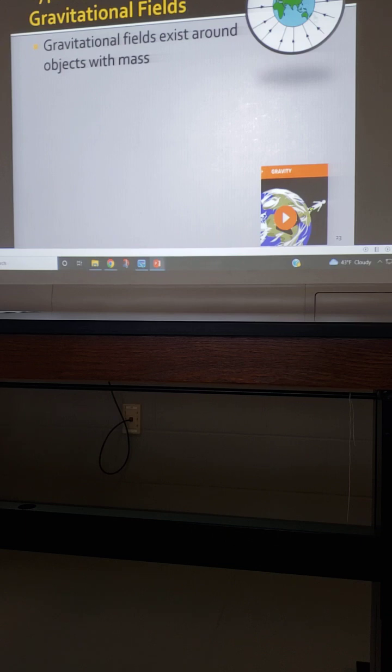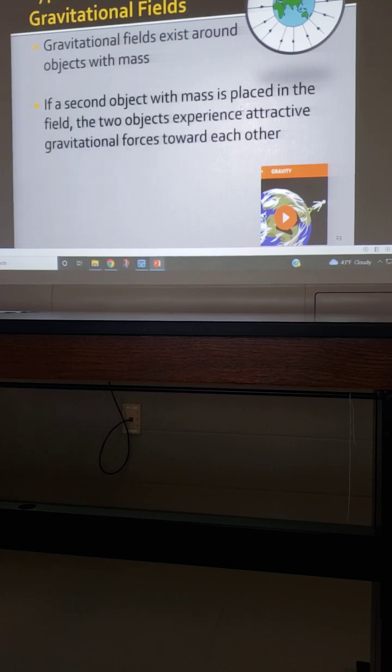If you take a second object that also has mass and place it within that field, close enough to experience it, and both objects have mass, one of them will attract, with a gravitational force, the other object to it.